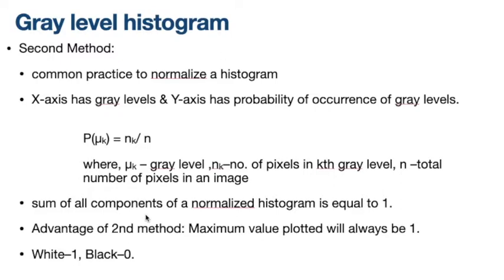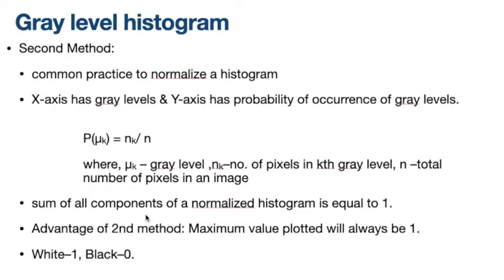Then you can know that the maximum value 1 will be the gray level with color white, and 0 will be black. So you are going to plot it between 0 and 1 in the second method.